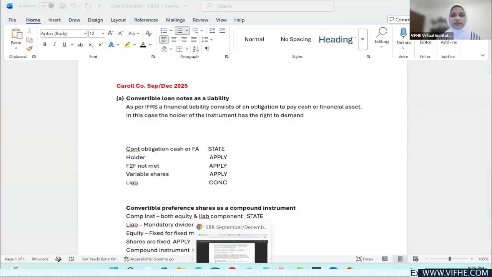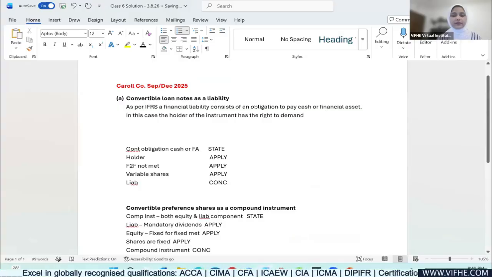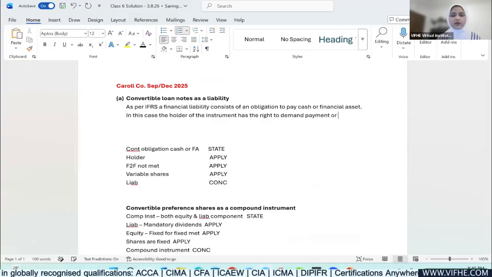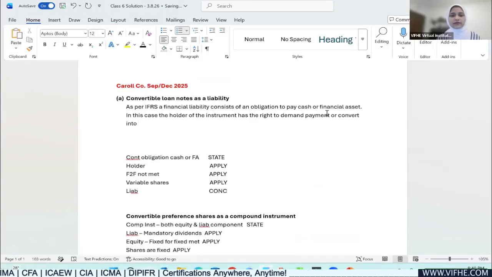Just let me get back to the scenario. Right to demand payment or convert it into which kind of shares?